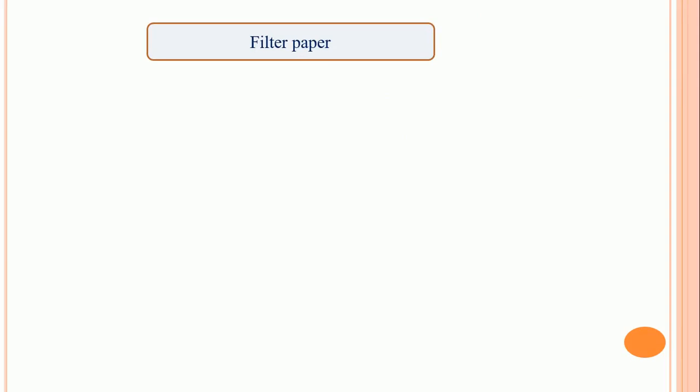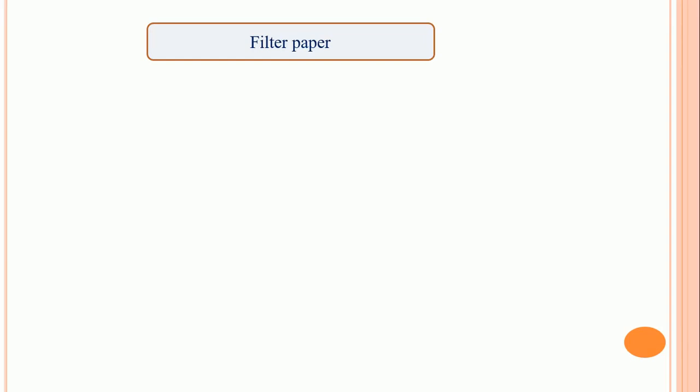Now see the first, filter paper. In laboratory work or for a simple precipitation filtration, just an ordinary filter paper is used. That filter paper must have a small ash content, and there are also some special filter papers, especially the ashless filter papers.